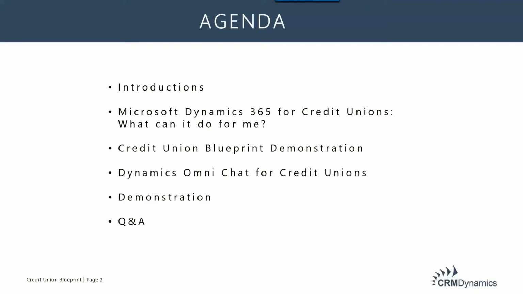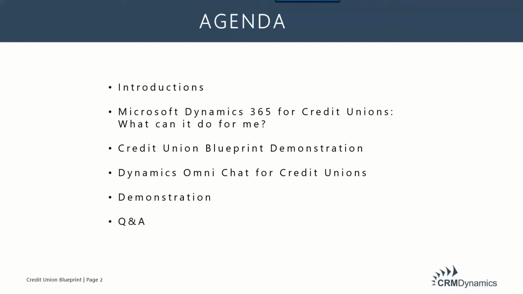From an agenda perspective, I thought I'd introduce the industry experts we have on the line today, and then go into the blueprint that we have developed on the Microsoft Dynamics 365 platform, an accelerator specifically for credit unions, and then dive into the value that it can really drive for your credit union.